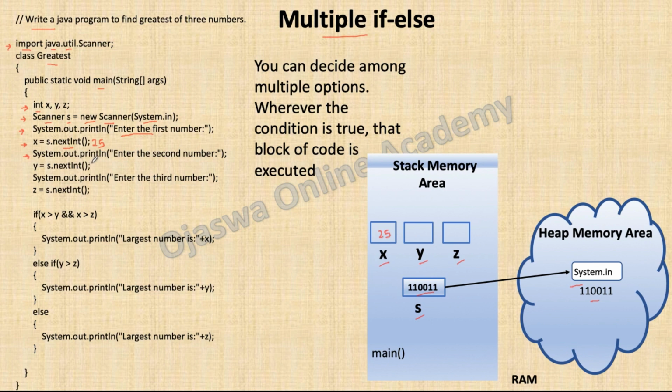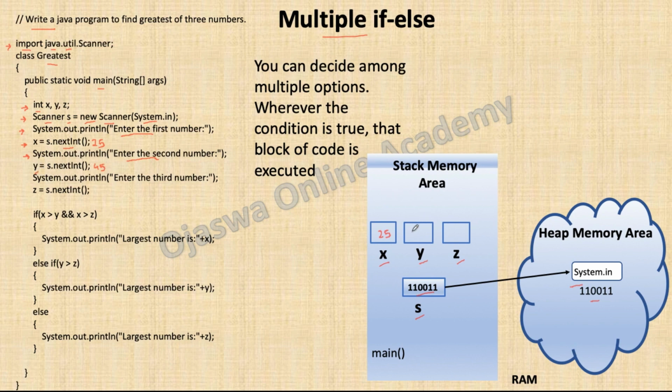Next statement is again SOP. "Enter the second number" is printed to the output screen so that the user will understand that he has to enter the second number. s.nextInt will again read the integer input entered by the user. So suppose the user enters number 45, value 45 will be stored inside variable y.